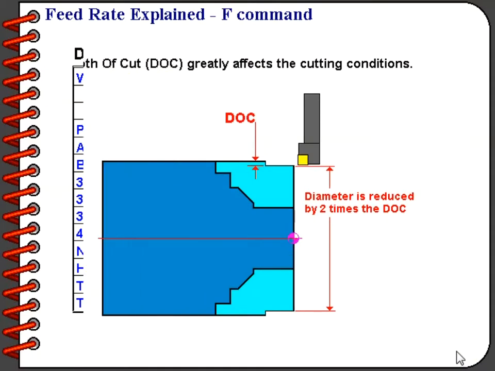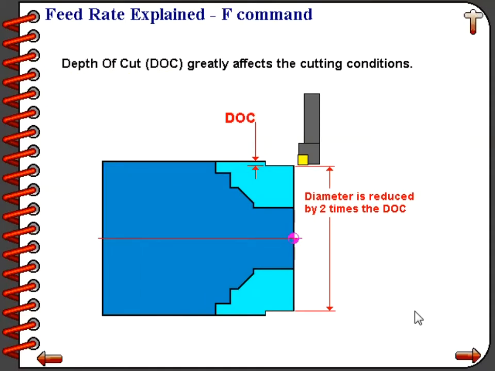With turning, boring, and facing operations, the speed and feed chart will oftentimes give us cutting recommendations relative to the depth of cut, the DOC. It is important for you to understand that the DOC is the per side depth of cut. So as we are showing here, your depth of cut would reduce the diameter by twice the amount of depth of cut.